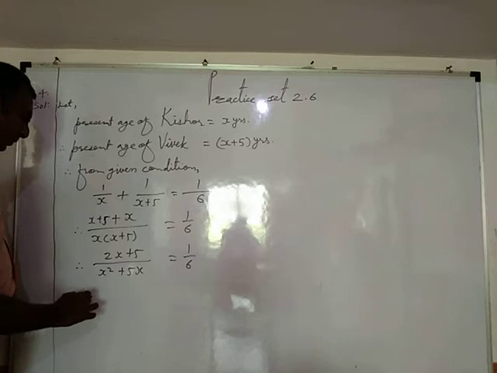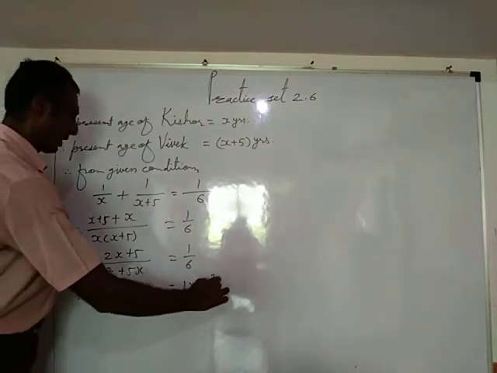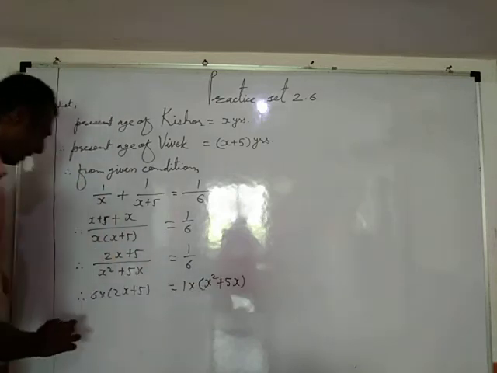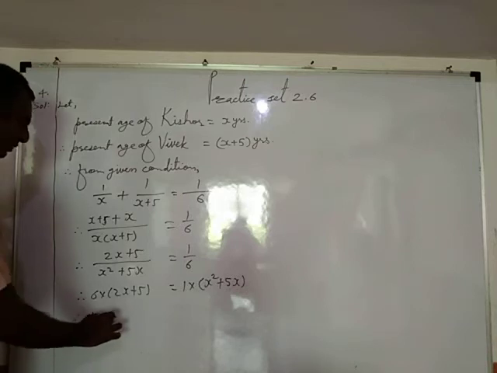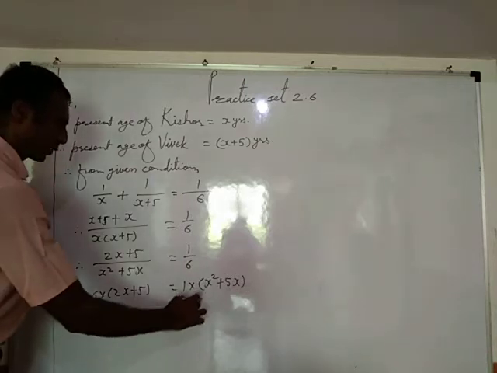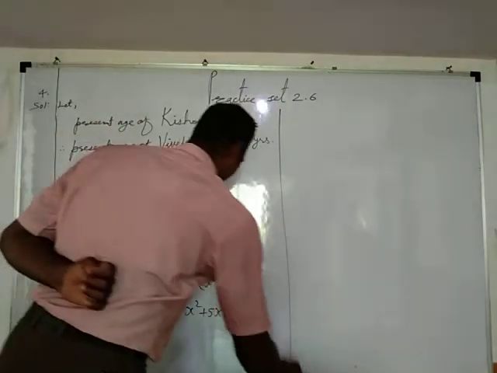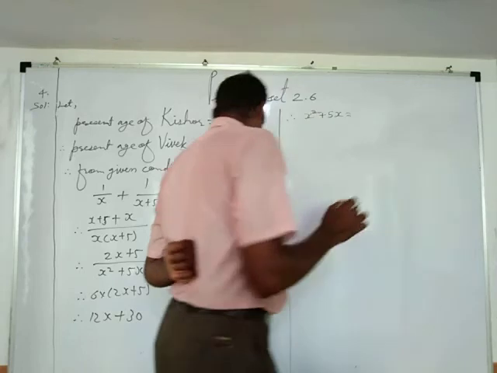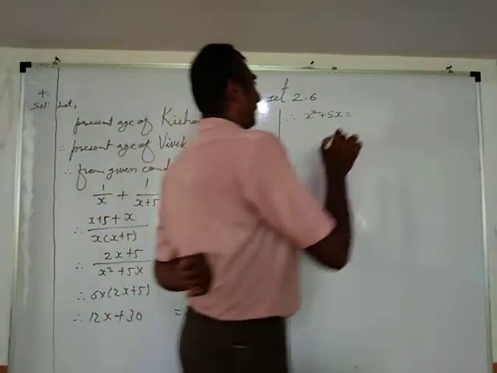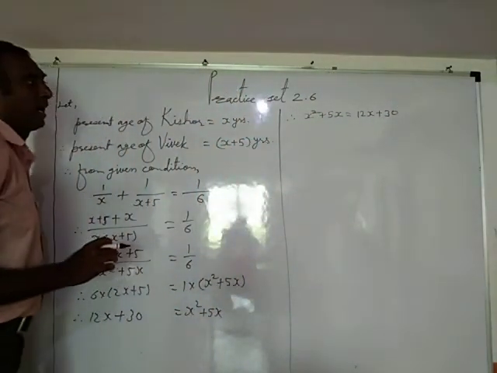Therefore it will be 6 into (2x plus 5) equals 1 into (x square plus 5x), and therefore 6 into 2x gives us 12x, 6 into plus 5 gives us plus 30, equals 1 into x square, 1 into plus 5x, and therefore x square plus 5x equals 12x plus 30. We have only exchanged LHS and RHS.